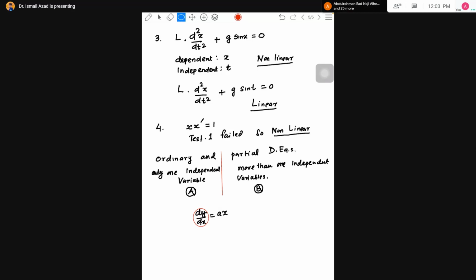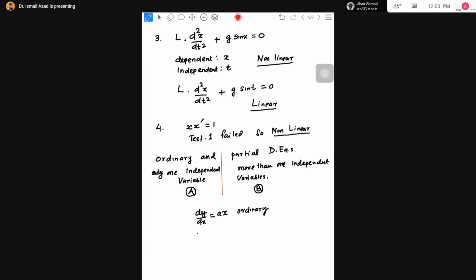Here you identify who is independent and who is dependent, no other place. So how many independent? One. So it is ordinary.